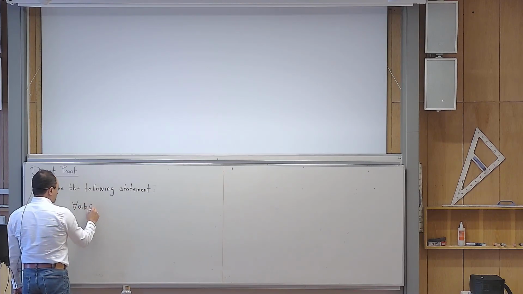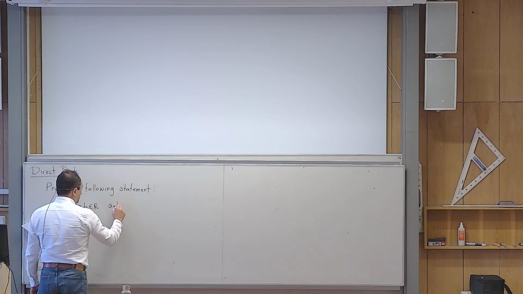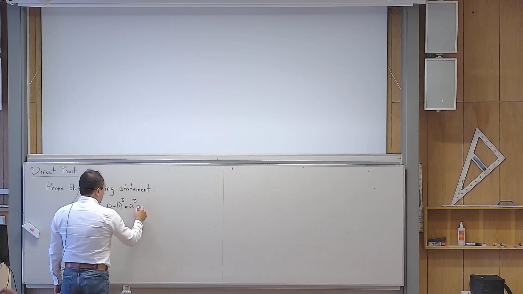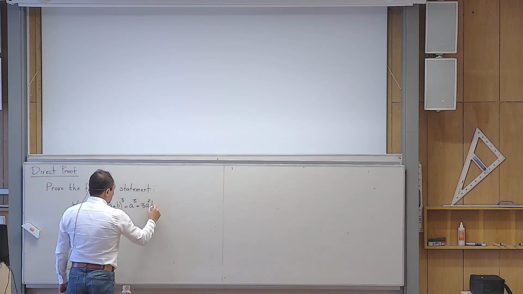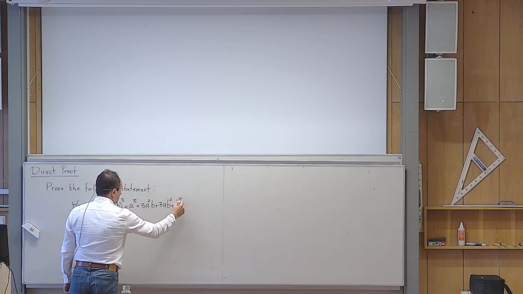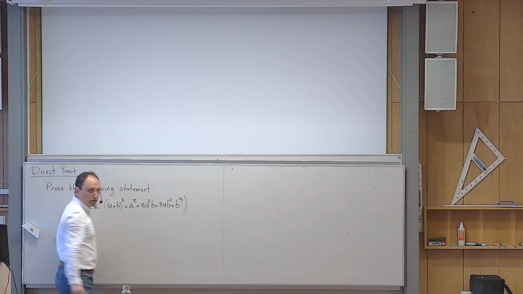For all a and b belonging to the set of real numbers, (a plus b) to the power of 3 is equal to a cubed plus 3a squared b plus 3ab squared, and then plus b cubed, yes? So this is a statement we want to prove, okay?